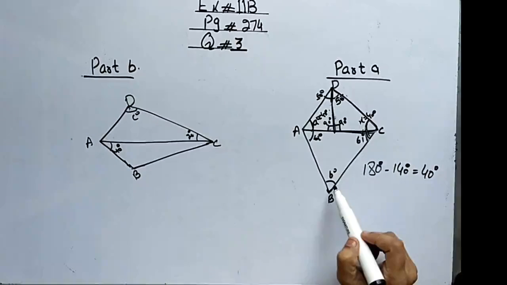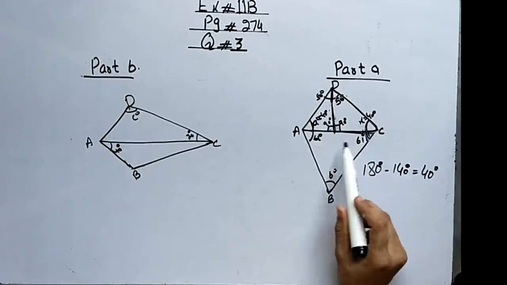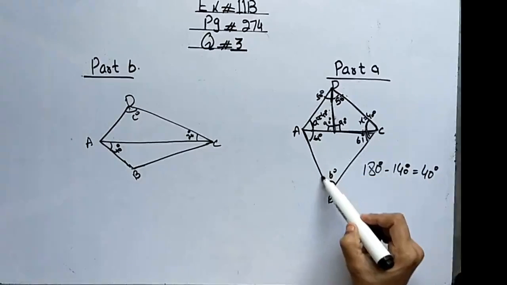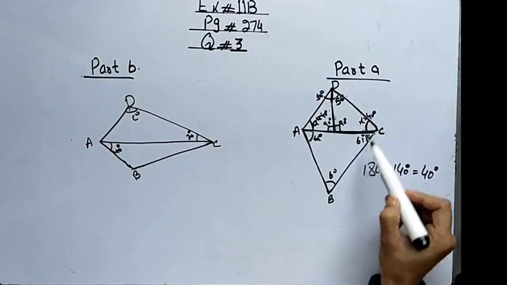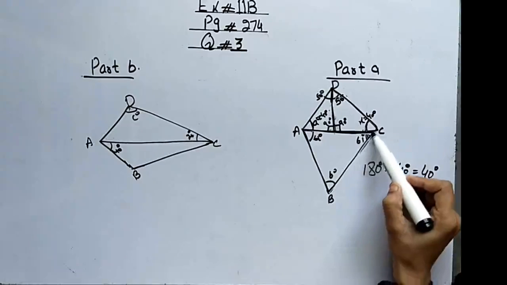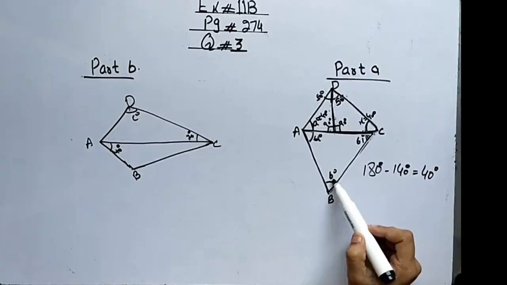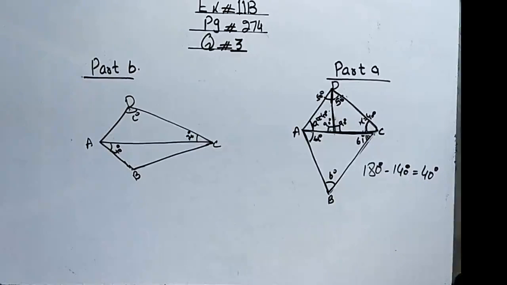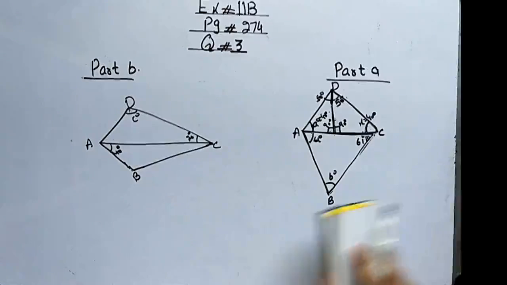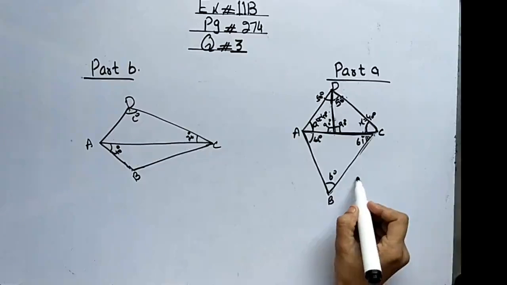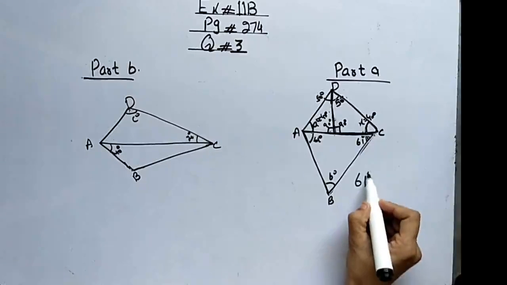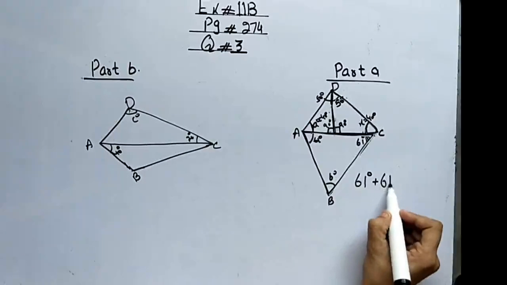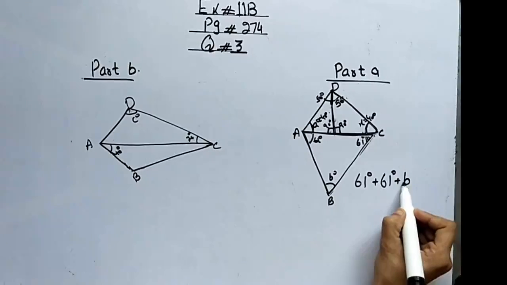Fine. So in this triangle, the two angles are given, so we can find the angle B. Yes, we can find it. As we know, the sum of the three angles in a triangle is equal to 180 degrees.